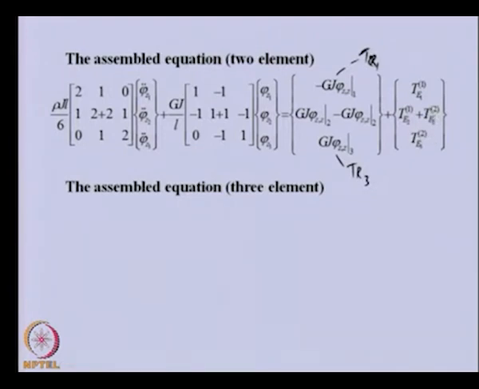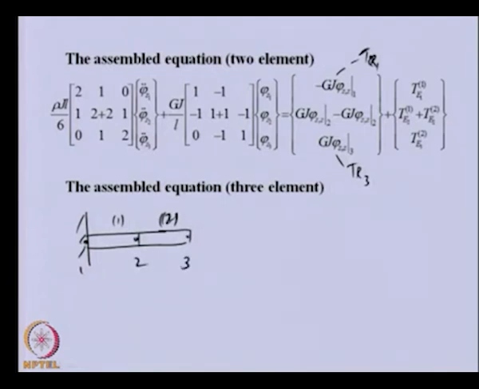Now, once we have the assembled equation, we need to see how we can apply the boundary conditions of the problem. In the boundary condition we had this element 1, element 2, this is node 1, node 2, node 3.